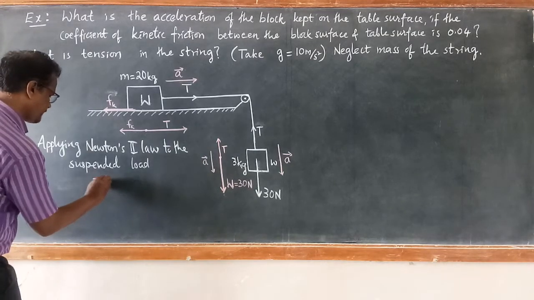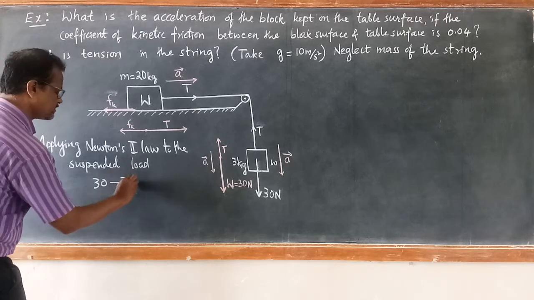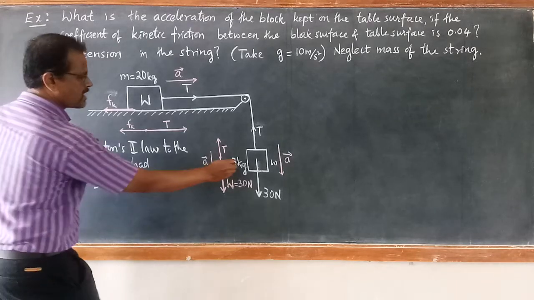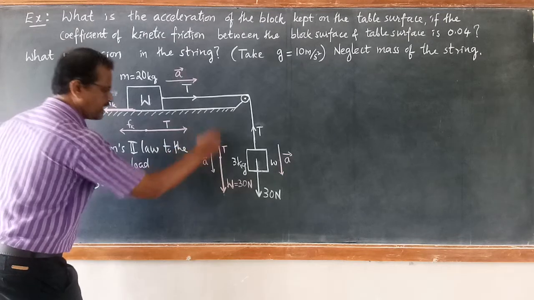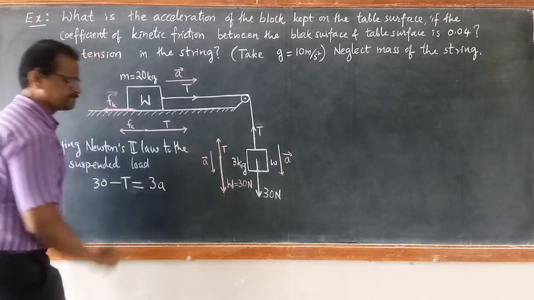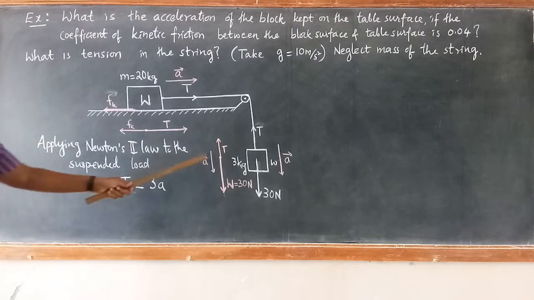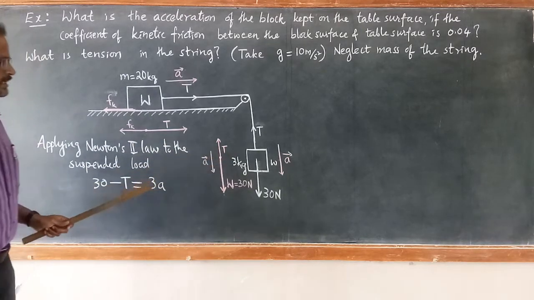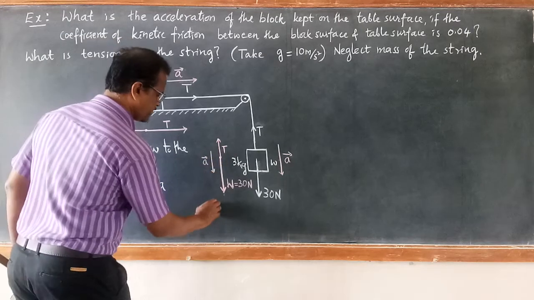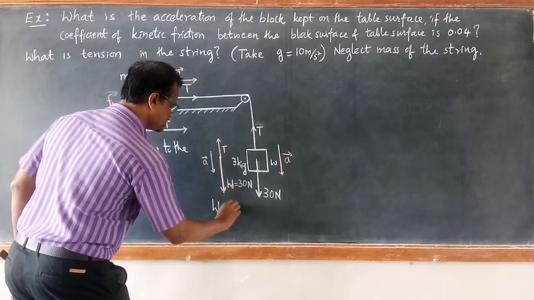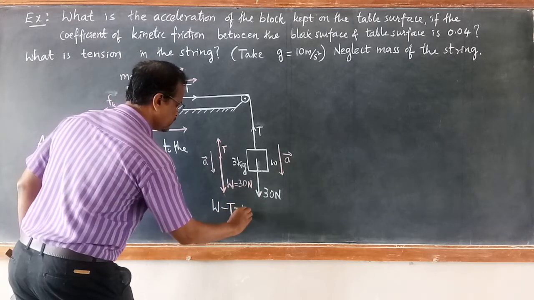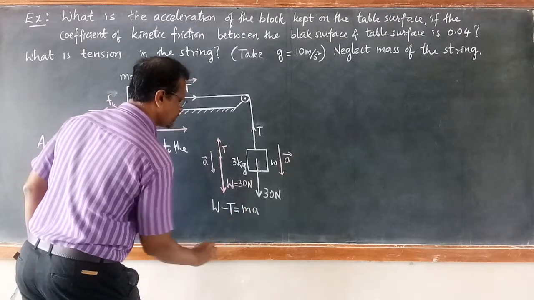30 Newton minus tension T must be equal to the mass of this block, which is 3, and the acceleration of the block is a. I think you got the point here, how I have written Newton's second law. Net force acting on this body is W minus T equal to m into a.